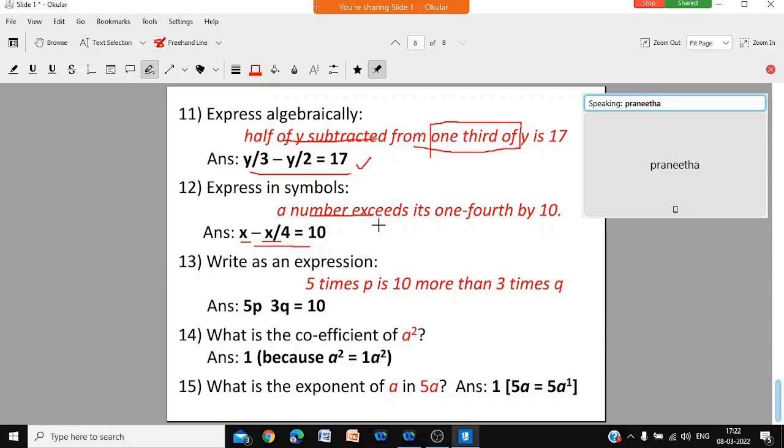Supposing one number is 8 and one number is 5. How much more is 8 than 5? Tell me.